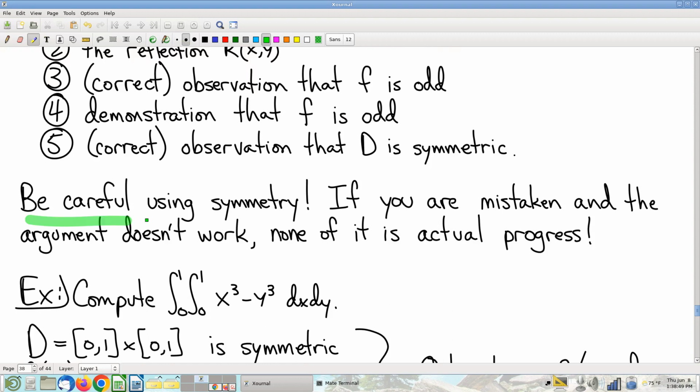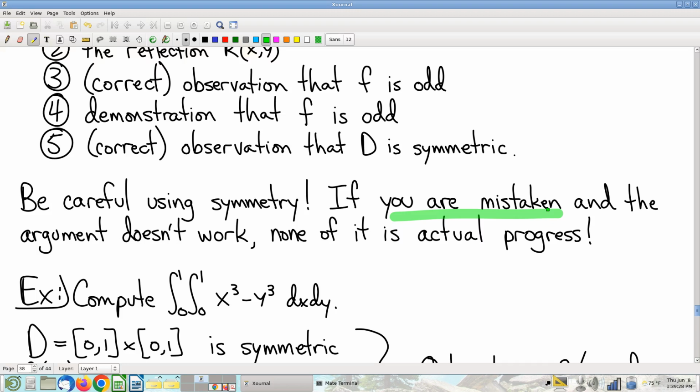Now, a warning that I have to give you, and this is just the nature of the beast: you really have to be careful when you use a symmetry argument. Because if you're wrong, let's suppose that the domain's not symmetric, then there is no symmetry argument. You may think, well, I got 4 of the 5 parts of the symmetry argument correct. But that's 4 of the 5 components of an argument that is doomed to failure.